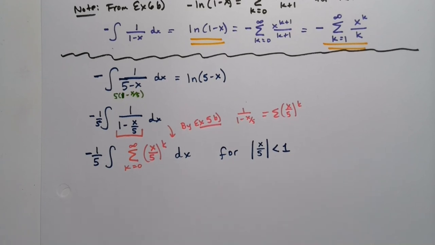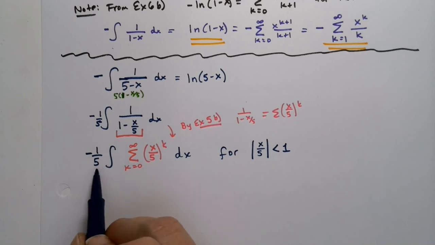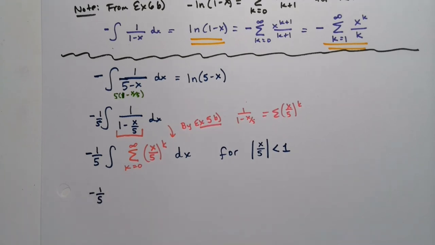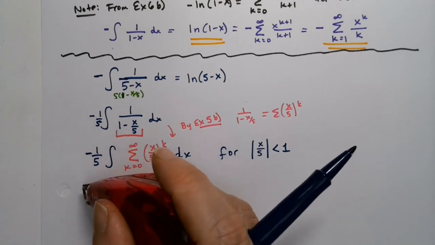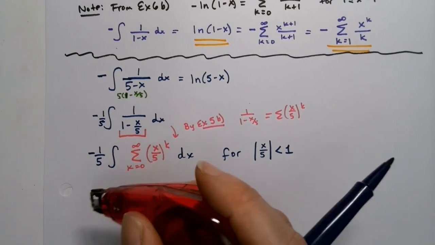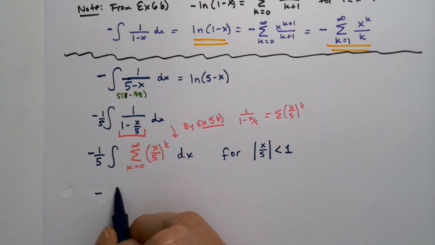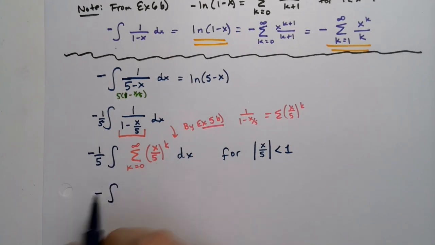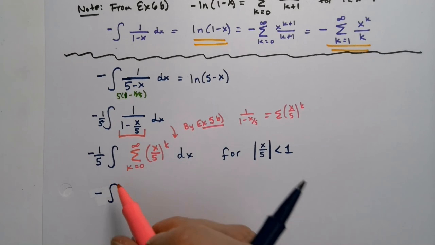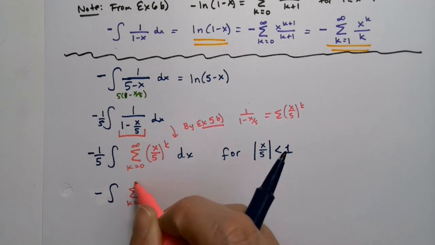Okay, so then I can take the integral. I know what this is going to look like. This is negative 1/5. Actually, what I think I'll do is I'll put that 1/5 in there. I don't have to strictly, but I think it'll just make things easier to follow. Okay, I'm going to leave the negative out in front. It's not hurting me. But I'm going to put that 5 right in there. And so it's going to become the sum from k equals 0 to infinity.